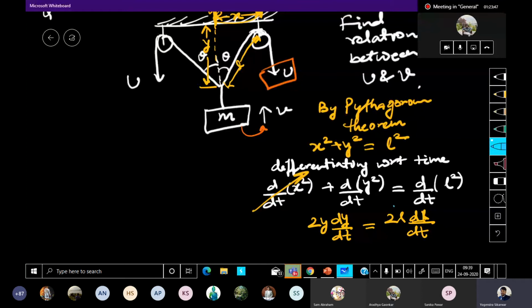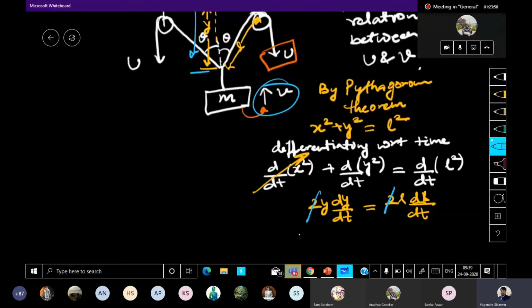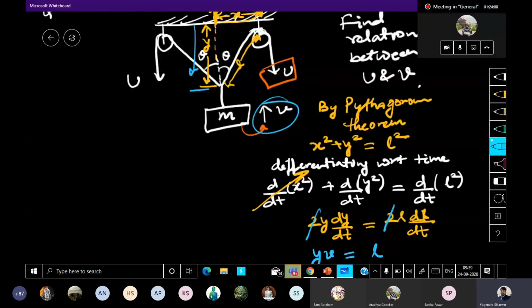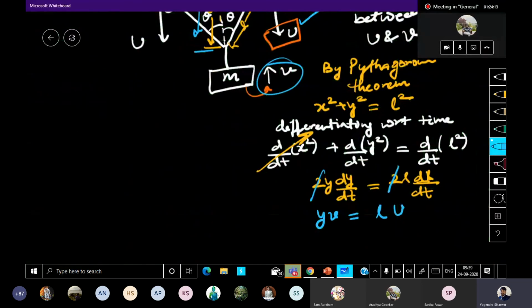So the 2 gets cancelled. Listen very carefully. dy by dt is the rate of change of this, that will be v. So y into v is equal to L into dL by dt, and dL by dt is, pay attention everyone, u. So v comes out to be L upon y into u.